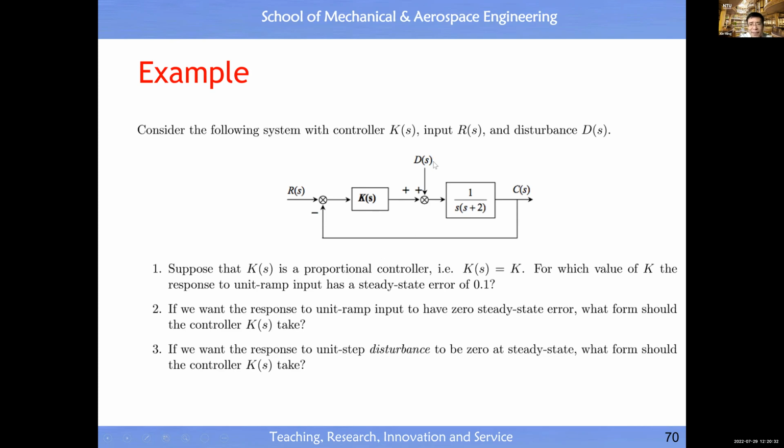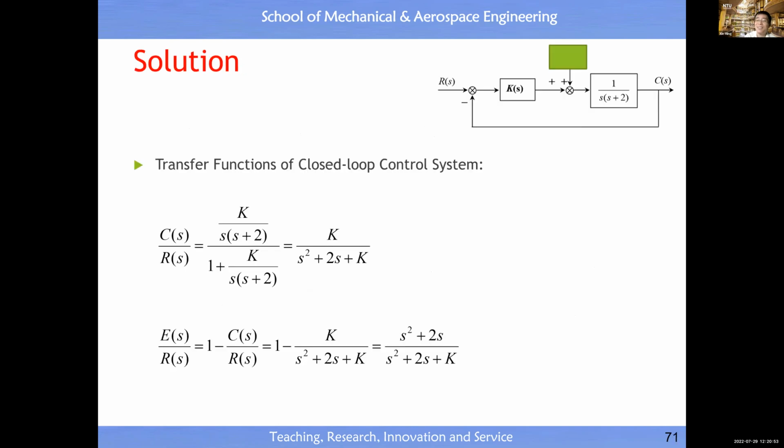And also, if there are disturbances here, is it possible to cancel out the influence of these disturbances, to make the steady state output from these disturbances become 0? So it's magic, John, to achieve 100% accuracy even when there are disturbances. All right, so you will see it's very simple to achieve this with a PID controller.